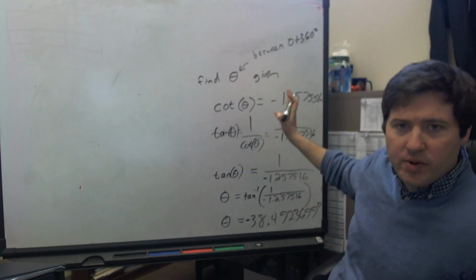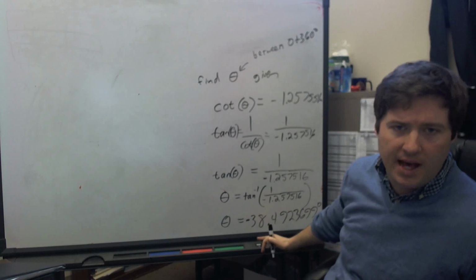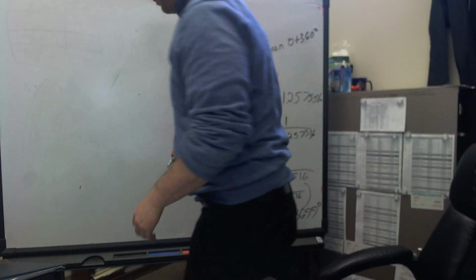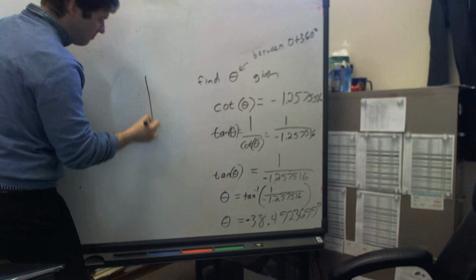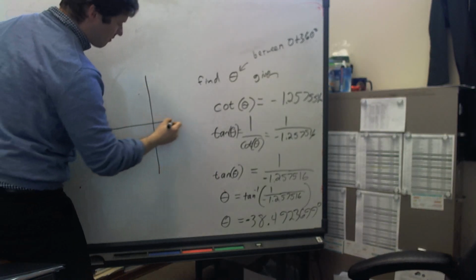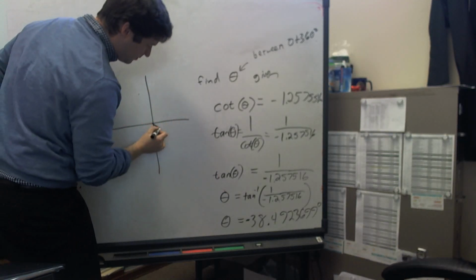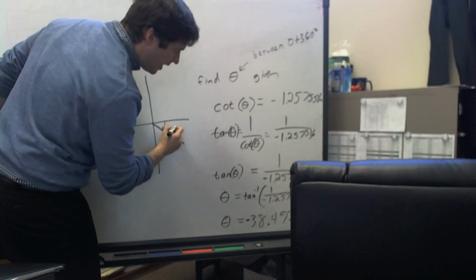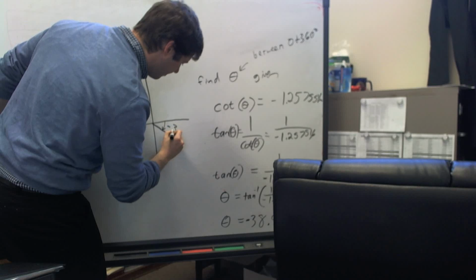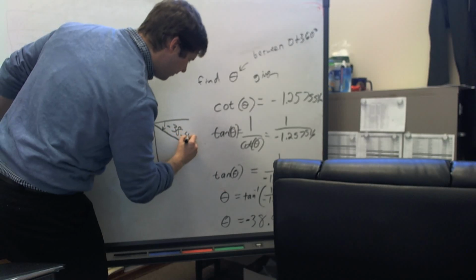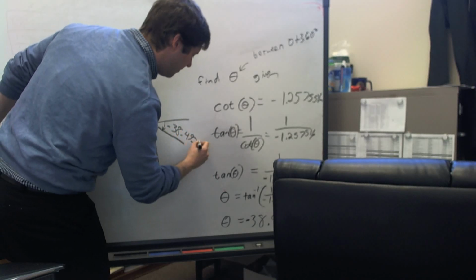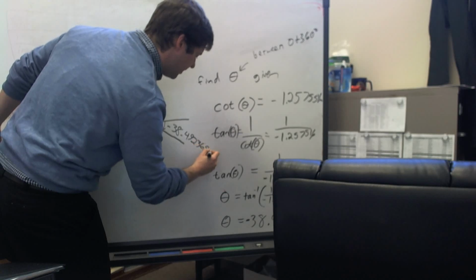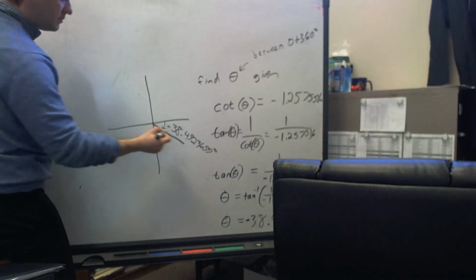If we ask for an angle between 0 and 360 degrees, we can find that. Okay? So there's our angle, negative 38.4923699 degrees.